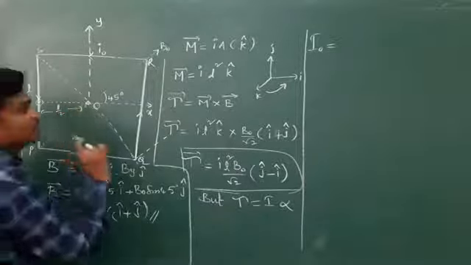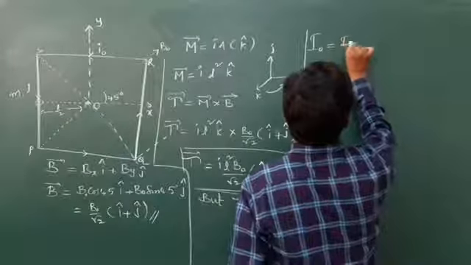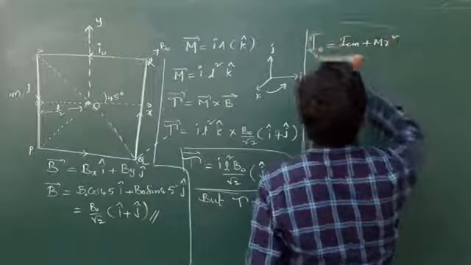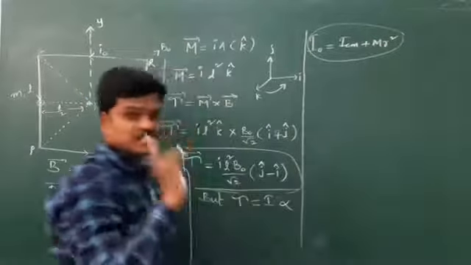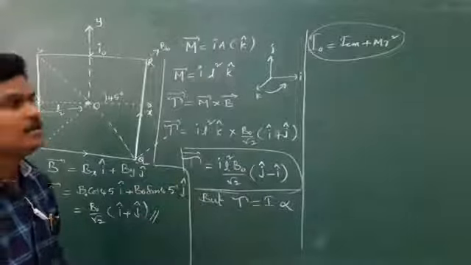I think you remember the formula. So I_CM plus m r square gives the moment of inertia about this point. Recall first year system of particles and rotatory motion, then only we can continue the problem.